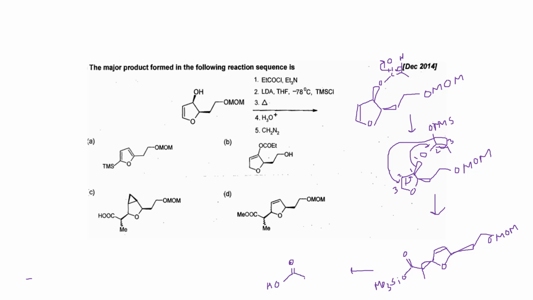I'm just drawing this part. The rest of the part will be the same. Now in presence of diazomethane, there will be a methyl esterification, it will be OMe. So the correct option will be option D. Understood? This will be CO2Me by using CH2N2, and we will get this as our product.